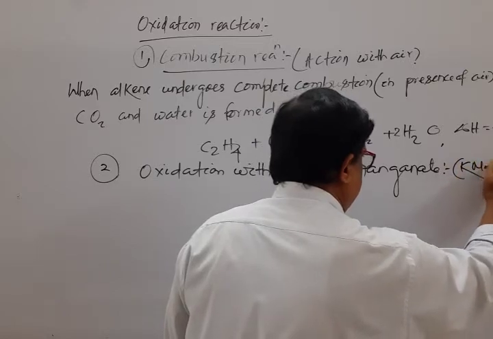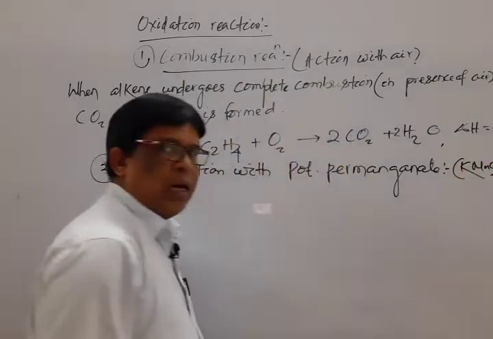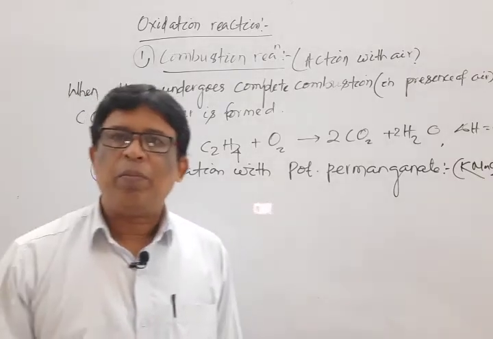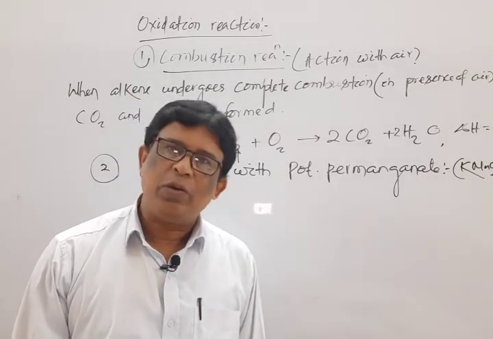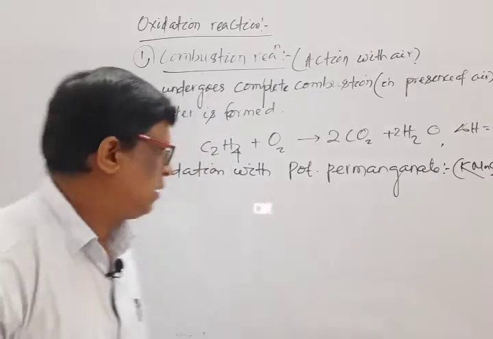Formula KMnO4. Action with potassium permanganate, formula KMnO4. It again consists of 2 bits. Mark that.